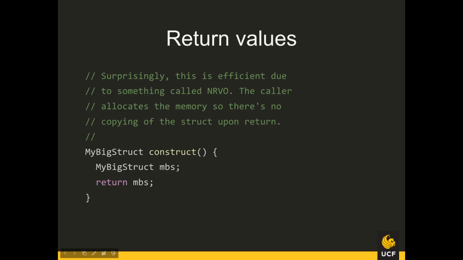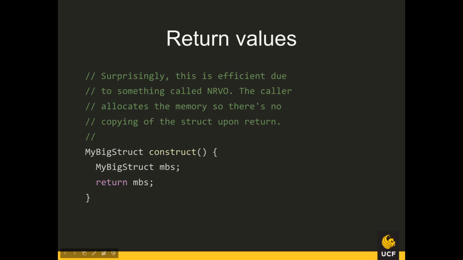If you think about the semantics of this, what's going on here is we create an MBS, and when we return it, presumably there's an assignment in the caller that says my MBS equals construct. Then this MBS that we built in here is going to be copied into that variable in the caller, and then the caller can happily go off and use it.